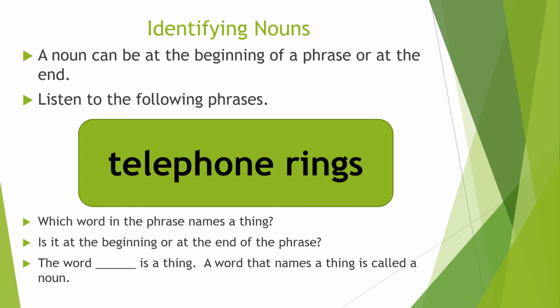Listen to the following phrases. Telephone rings. Which word in this phrase names a thing? Is it at the beginning or at the end of the phrase? The word telephone is a thing. A word that names a thing is called a noun. The word telephone is at the beginning of this phrase.